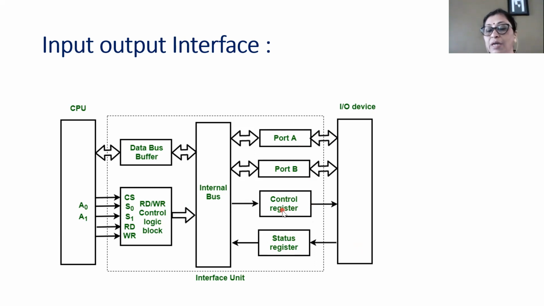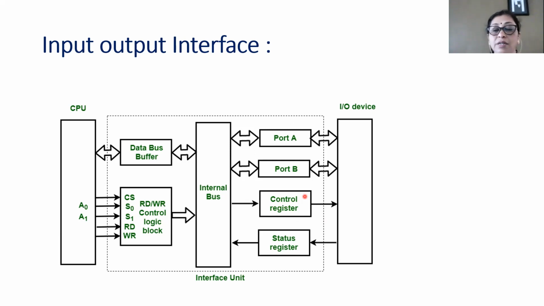The CPU is going to write the command into the control register, and the operations will take place according to this command. The input output commands which are to be executed must be written into the control register.